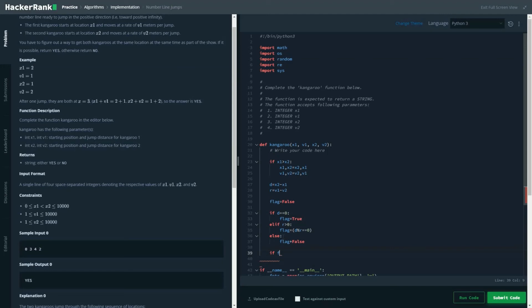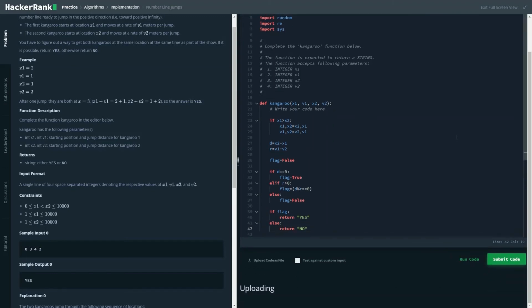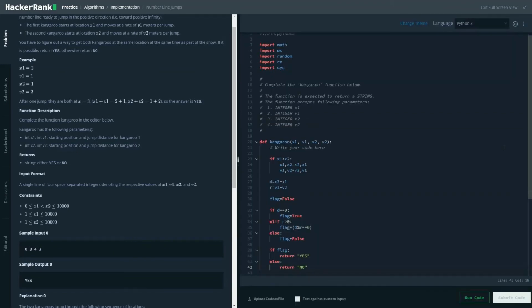If flag is true, then we'll be printing out yes, else it'll be printing out, or it'll be returning, no. Let's run this code and let's submit this code.